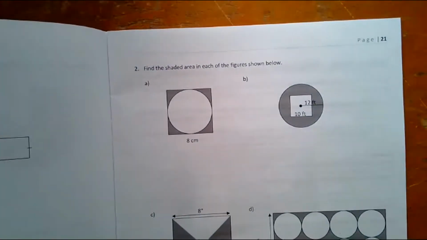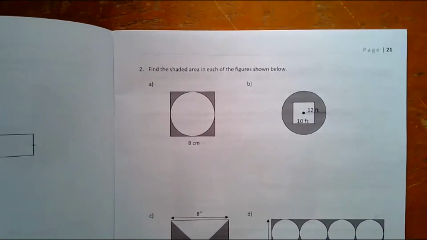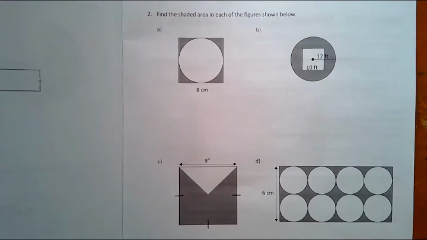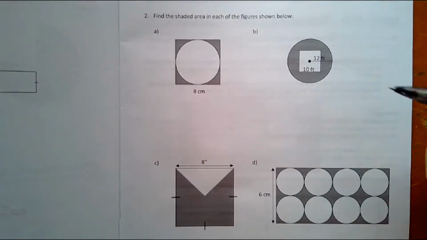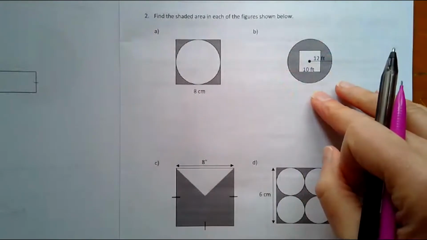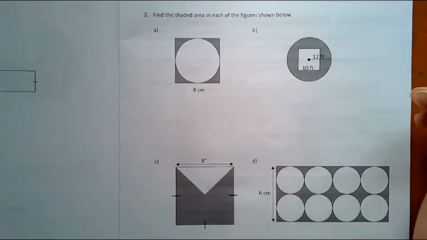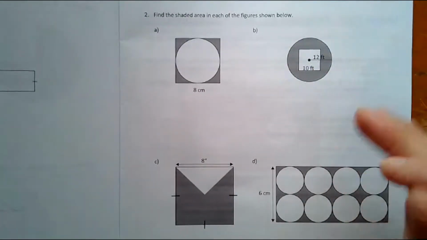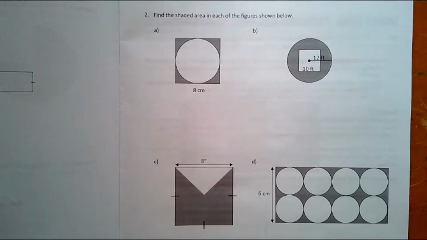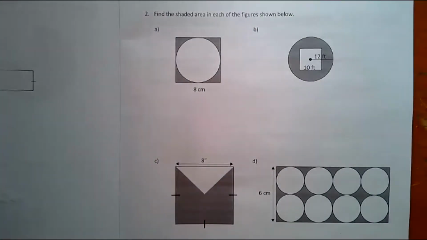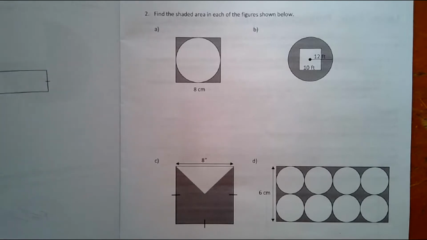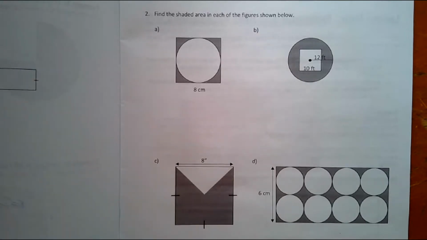And then here, this involves shading. So use our concepts of shaded areas. Basically, find the area of the larger shape and subtract out the smaller shape or shapes. So I'll leave you with that to work on for the weekend or the rest of today. And we'll reconvene on Monday.